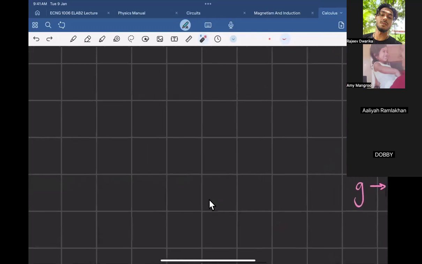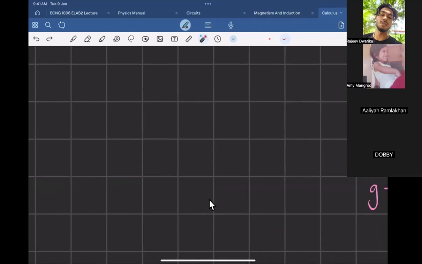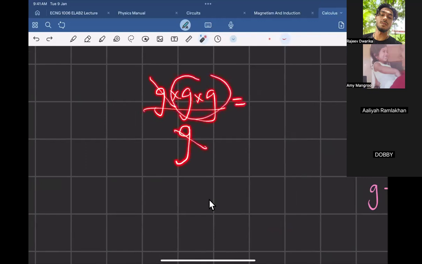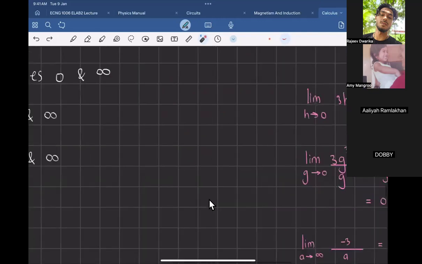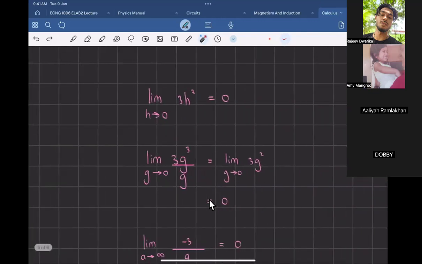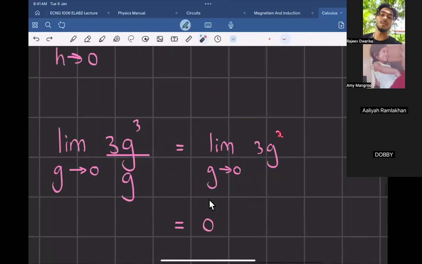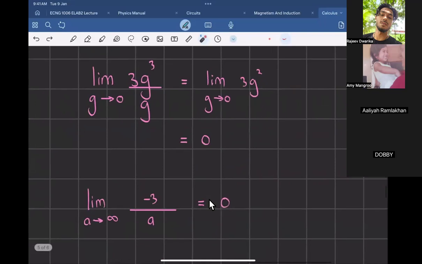What does g cubed mean? g times g times g. Okay, so what happens next? One of the g's cancels off one of the g's, so you'll be left with g squared. Right. Anytime you get confused, just go back to the basics and you can figure it out. And if g is basically zero, zero squared is zero, 3 times 0 is zero. Answer is zero. This looks easy, right?